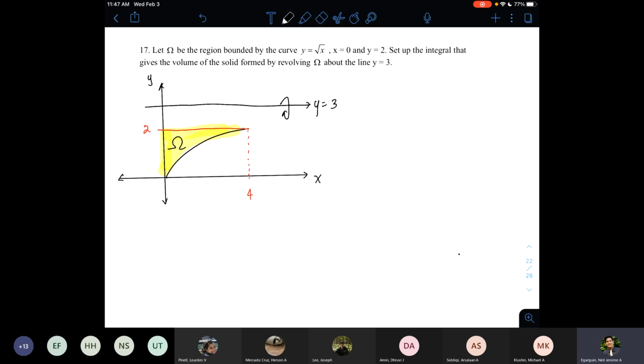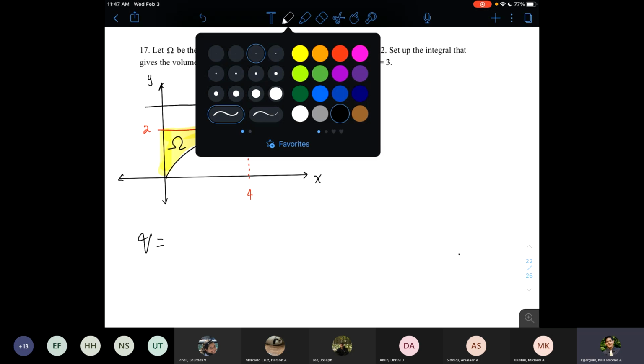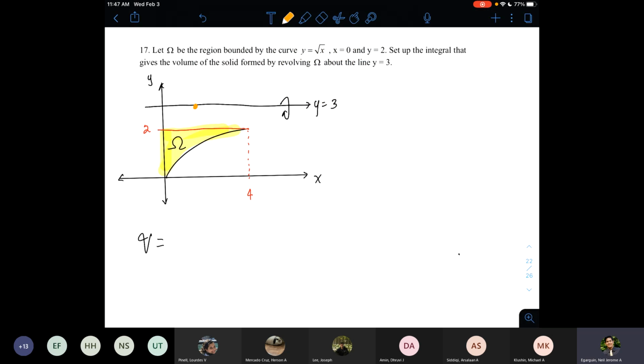So again, we can only use for now the disk or the washer method. The AOR is horizontal, so we will use vertical strips. So you draw a vertical strip from the AOR towards the end of the region. But Joseph is right. Look at the vertical strip that I just drew.